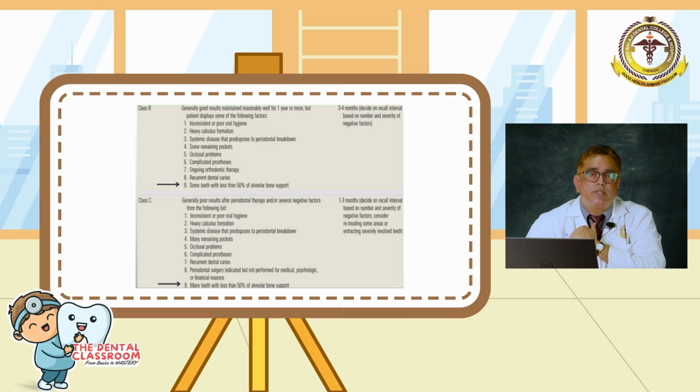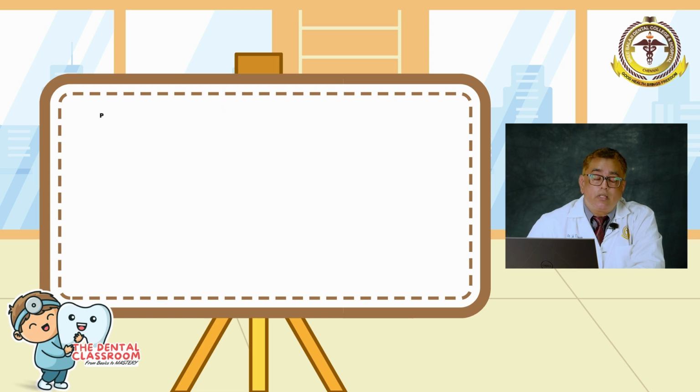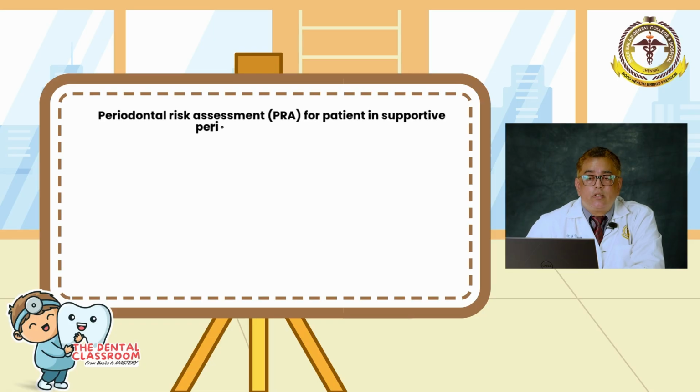So in this condition, we do a recall at 3 to 4 months based on the number and severity of the negative factors. Coming to the last one, Class C: here many teeth have less than 50% of the alveolar bone support. In this condition, recall is very important at 1 to 3 months, decided on the number and severity of the negative factors of the patient.